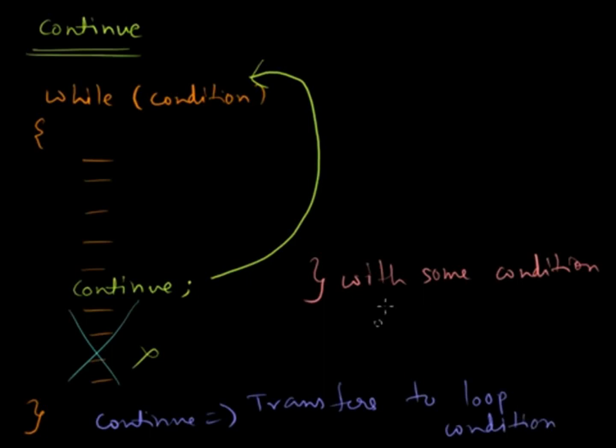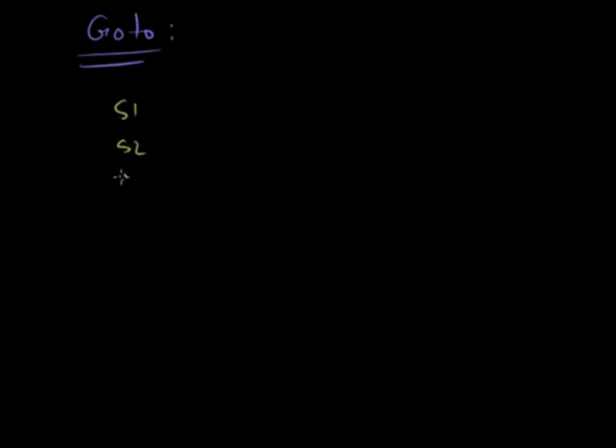Let us now look at what is goto. Now goto is very simple. Let's assume that you have a lot of statements in your program. Let us write those statements S1, S2, S3, S4, S5. Now you want to skip these statements S4, S5, S6.